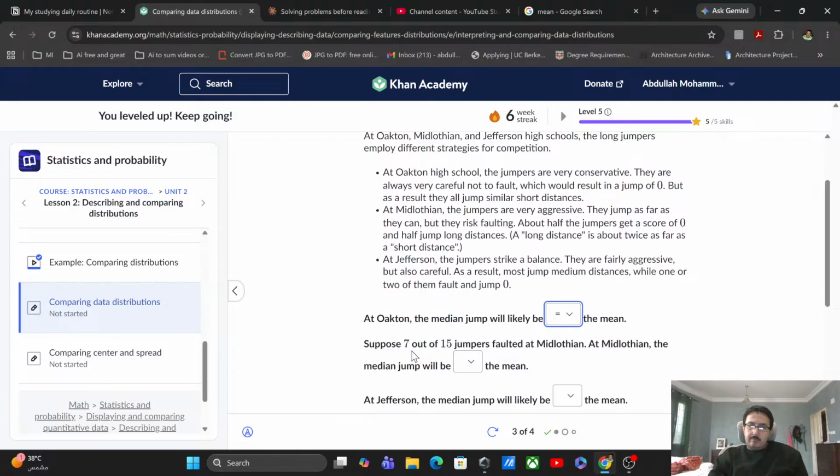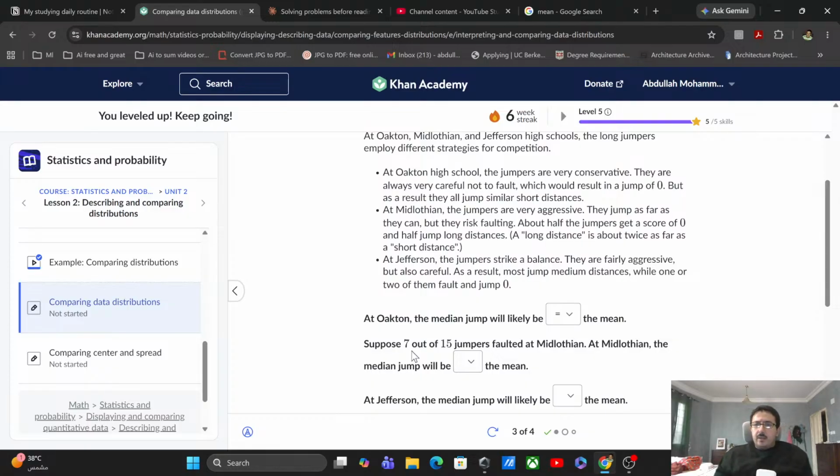It's odd, so I have to take the middle. 15 over 2 is 7 and a half. What's 7 and a half going to be? The middle one. I would say the middle two.